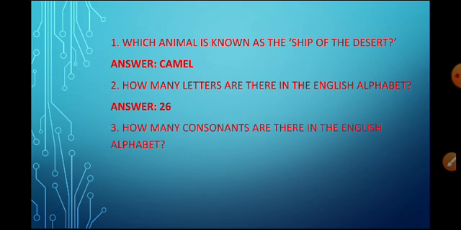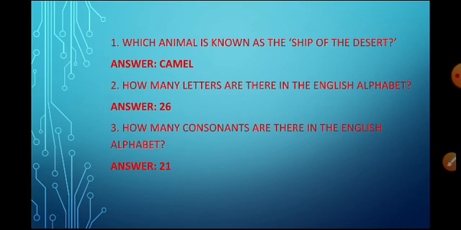The third question is, how many consonants are there in the English alphabet? So now you have to count consonants. Do you remember how many consonants there are? There are 21 consonants. As you remember, there are also vowels or vowel sounds.